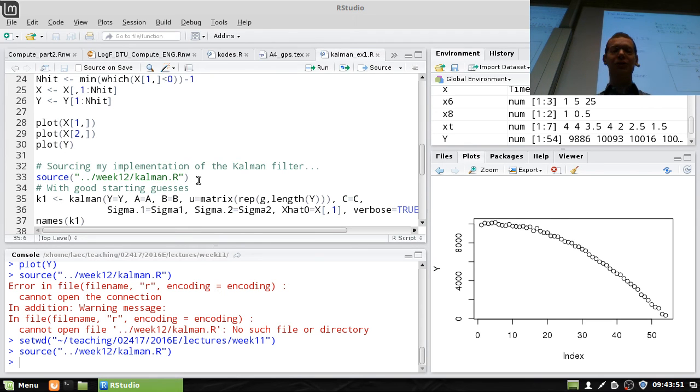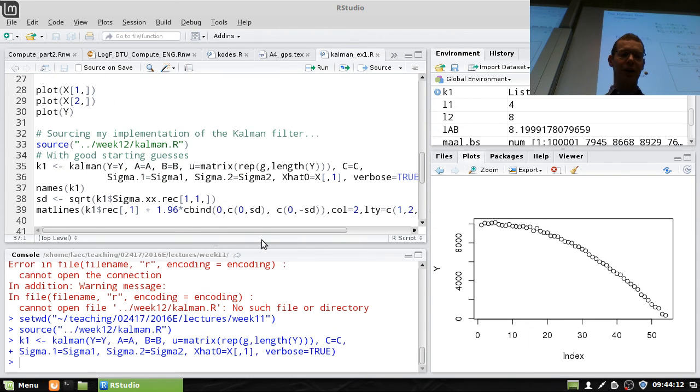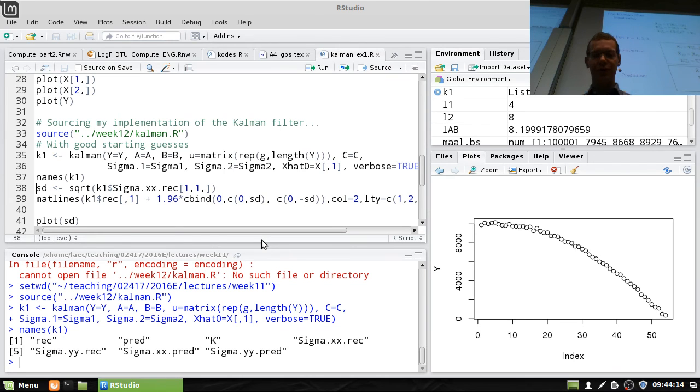So I have it as a function where I just give my observations, my A matrix, B matrix, the inputs, the observation matrix, the different sigmas, my initial state, and then there's a verbose, which is basically just saying I want all the output I can get. So the output is the reconstruction and the predictions, the Kalman gain, the reconstructed sigma xx, likewise sigma yy, and also for the one-step predictions.